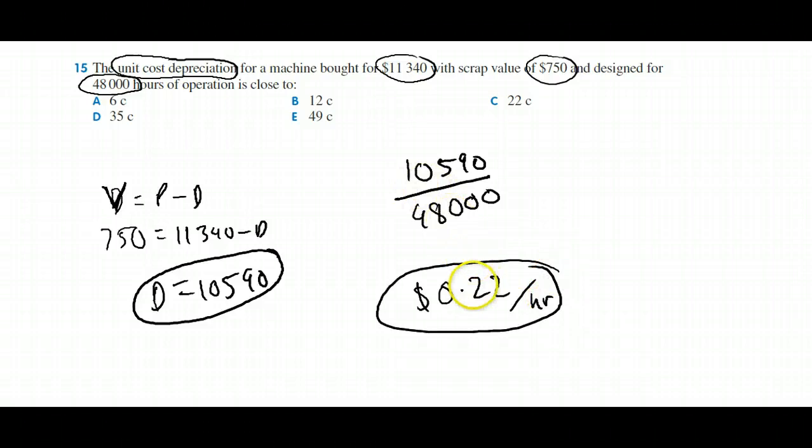Okay, so every hour it loses this much value. That's the unit cost depreciation. And clearly that's closest to this one, C.